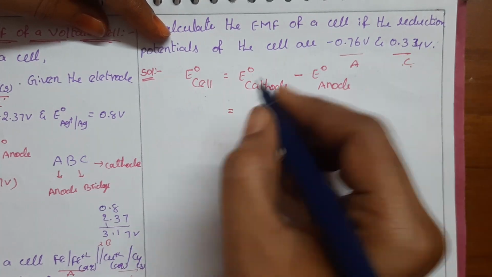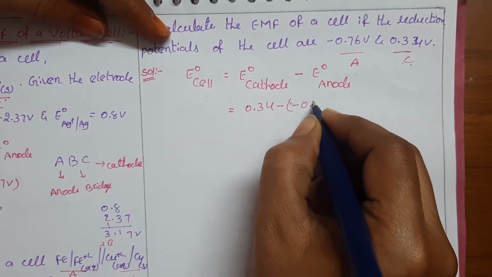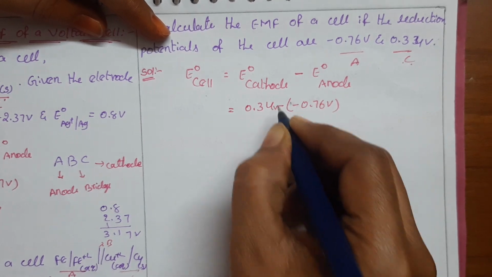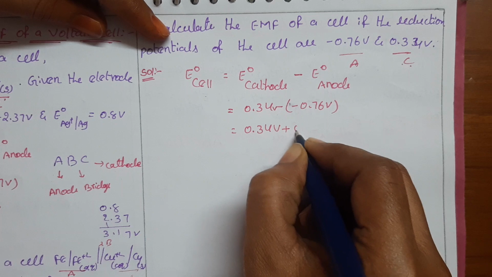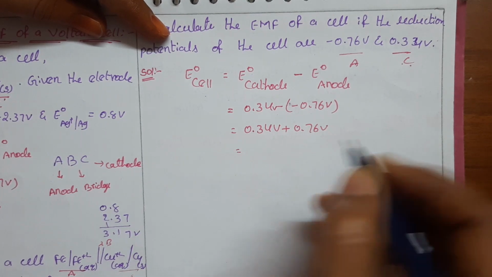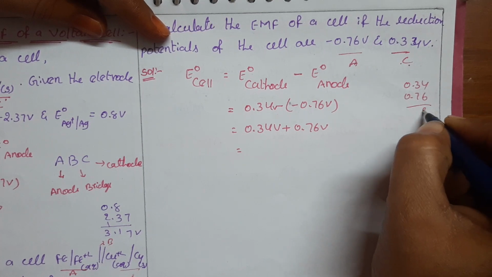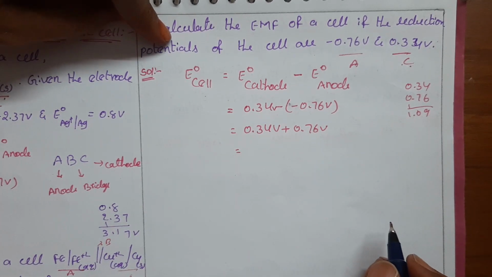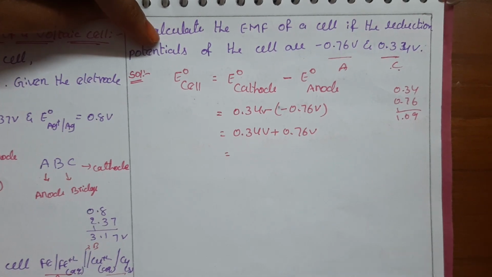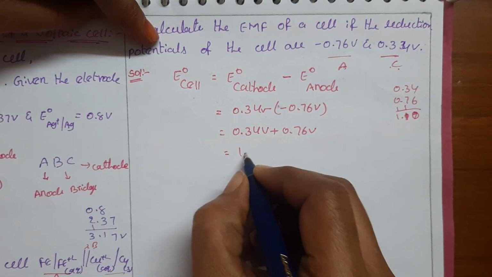So E naught cell is 0.34 minus of minus 0.76 volts. It is nothing but 0.34 volts plus 0.76 volts. It is nothing but 0.34 and 0.76, so 1.10 volts. So 1.1 volts.